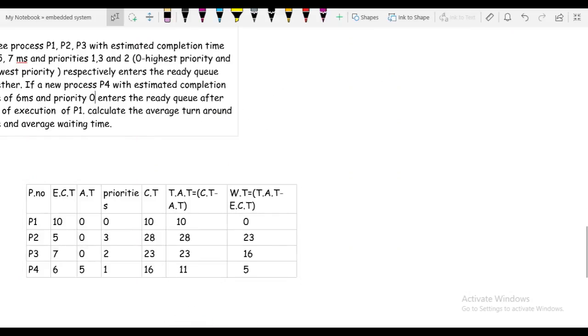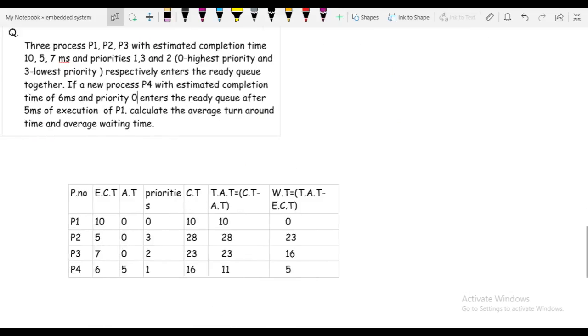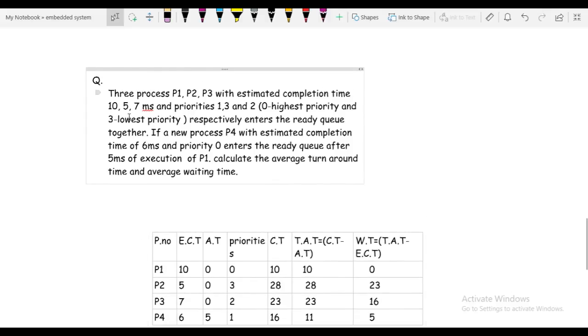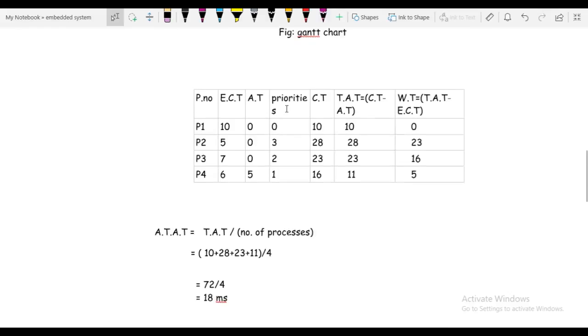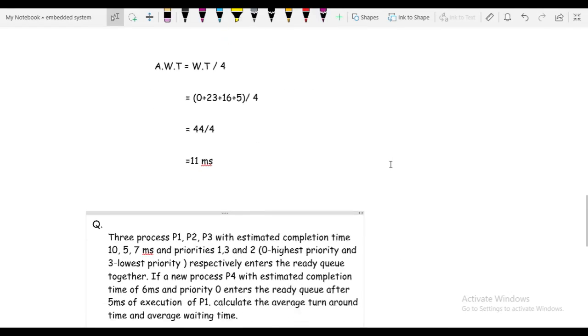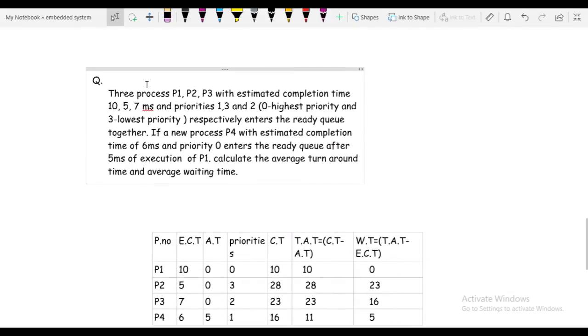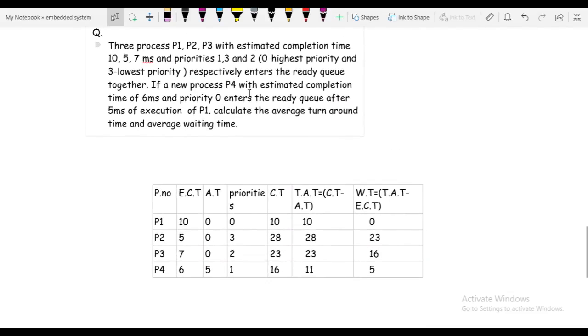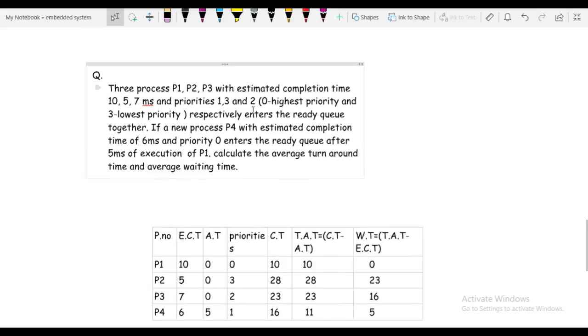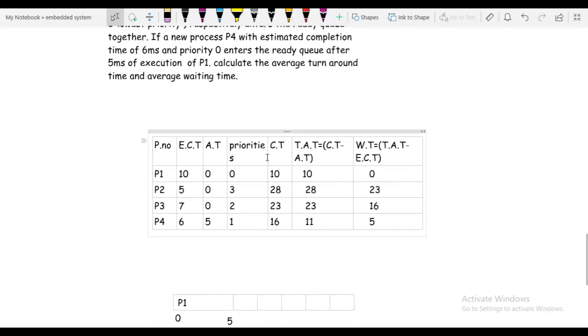Okay, let's see this question in the preemptive version. We have just copied the box, and let's see the question. I have made a bit of changes in the question. That is, I have changed the priorities, 1 here and 0 here.